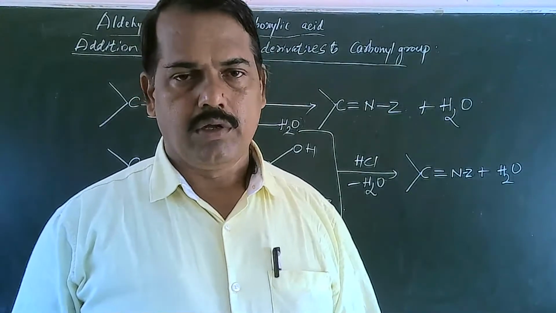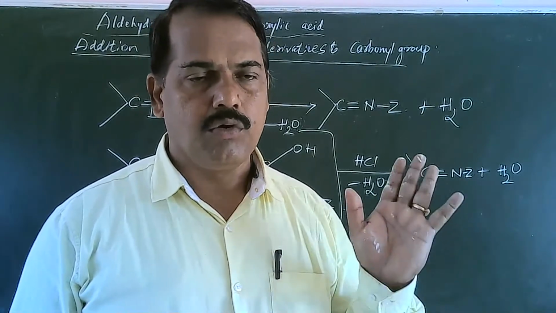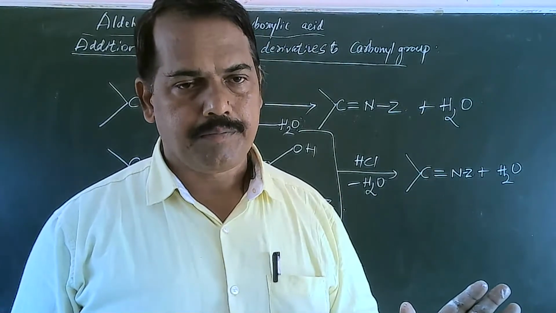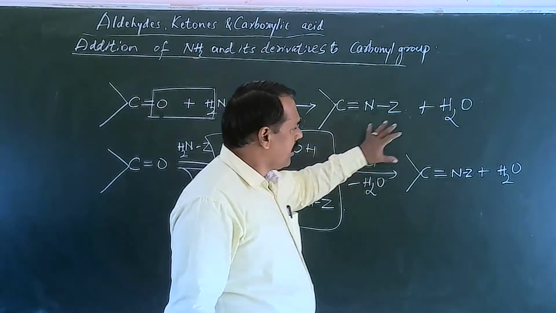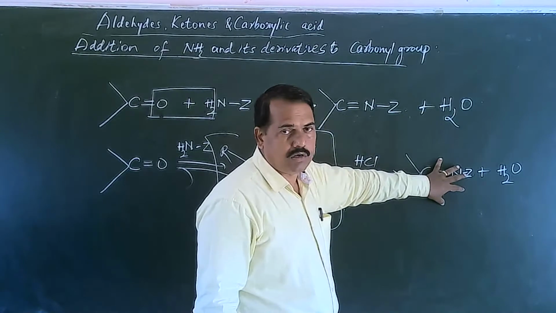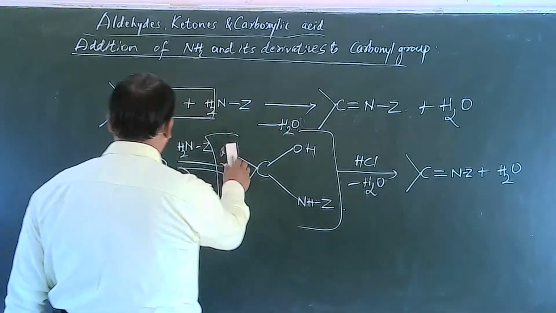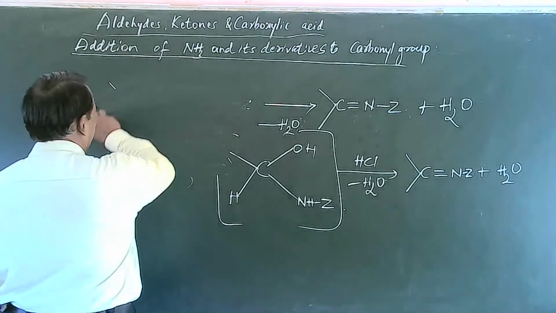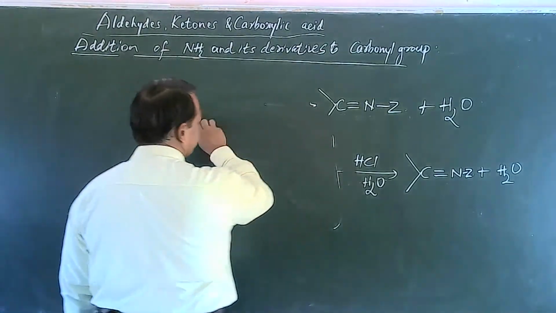Carbon to nitrogen, a very important reaction. So we concentrate on this, with hydrochloric acid and carbon to nitrogen double bonds. We shall study many reactions. This is the basic thing you have to remember.